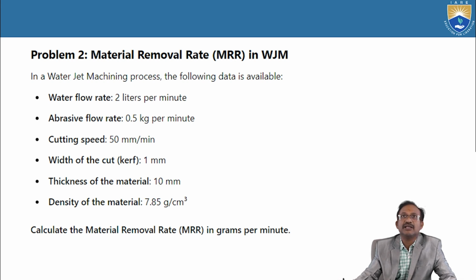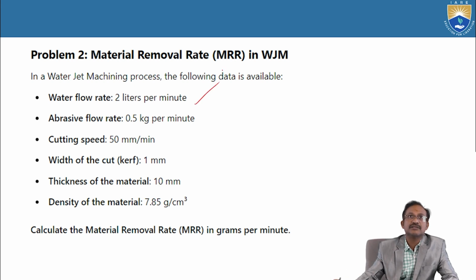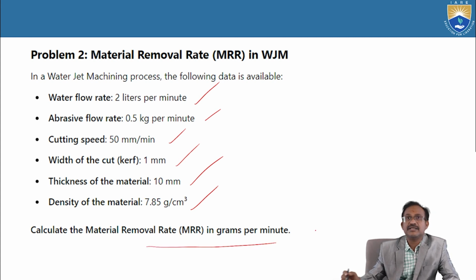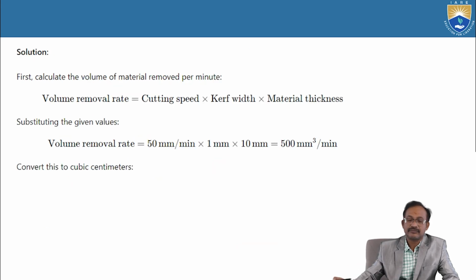Problem 2. Material removal rate in water jet machining. In a water jet machining process, the following data is available: water flow rate, abrasive flow rate, cutting speed, width of cut, that is kerf, thickness of the material, density of the material. Calculate the material removal rate in grams per minute. Solution.